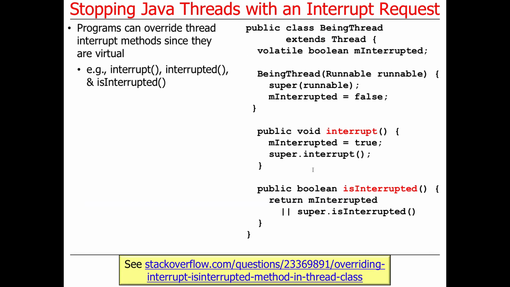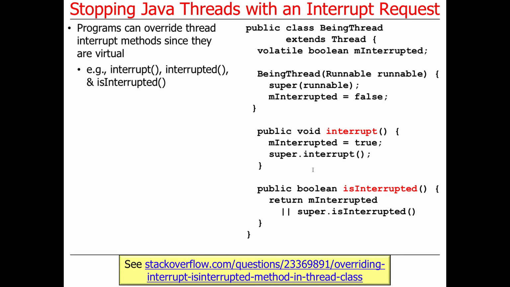Now here's a little bit of trivia. This is really, really dark and mysterious trivia, but you can actually override these methods. So you can override interrupt and isInterrupted. And I've actually written programs, not for the current case of what you're doing for the class, but versions of the Palantir simulator stuff where we actually overrode the interrupt and isInterrupted methods from something that extended thread, and did something different in them.